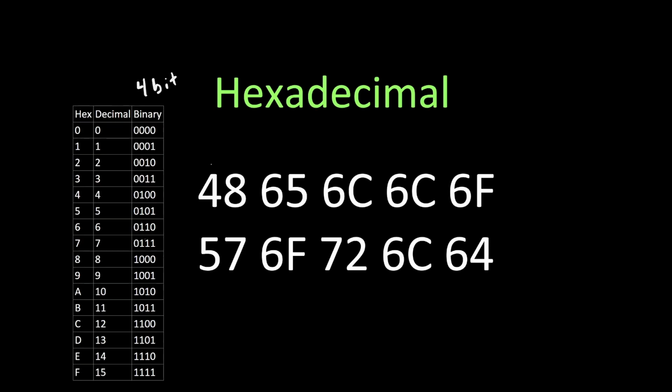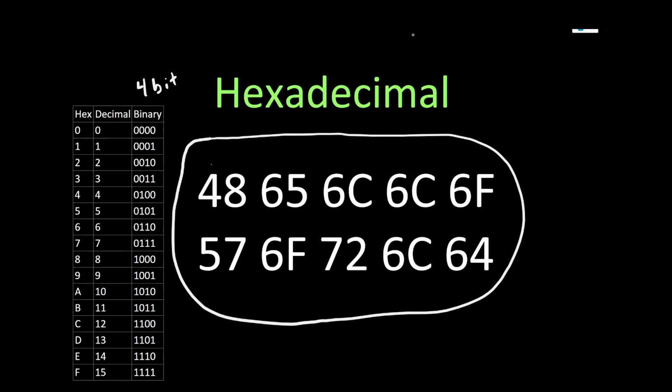All right, before we get into a couple of examples, let's take a look at what we have here in front of us. All of these are actually hexadecimal values. So this is not 48, this is 48. That's not 65, it's 65, 6C, 6C, 6F. And those of you familiar with ASCII values and hexadecimal will know that this actually says something we're all pretty familiar with in the programming world, which is hello world.